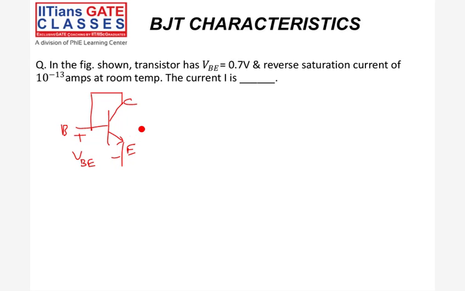Okay, so what is happening here? This is the actual diagram. Here they wanted to know the current. What is the current? The current I they wanted to know. In the figure shown, VBE is given, and the reverse saturation current is this much at room temperature. If they are talking about room temperature, what will the VT value be? That will be 26 millivolt, directly we will write.